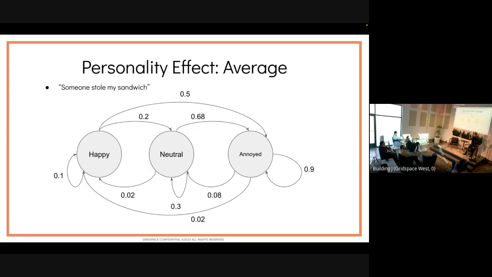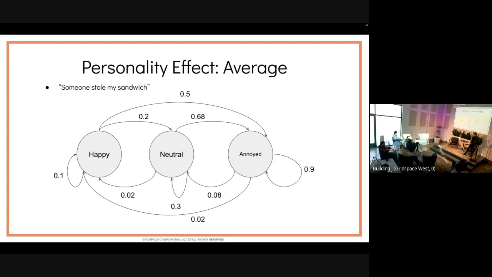So this might be an idea of how you might change state if someone steals your sandwich. If you're neutral, you might stay in neutral and go towards annoyance at every stage, because no one really likes their sandwich being stolen, unless you're in the 0.02 who go from annoyed to happy when someone steals your sandwich.